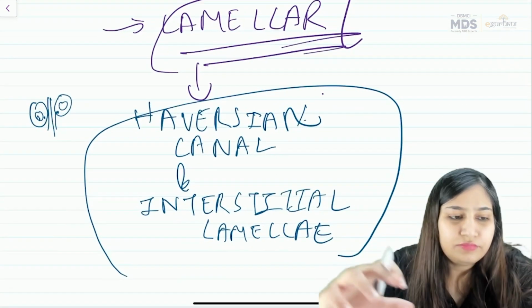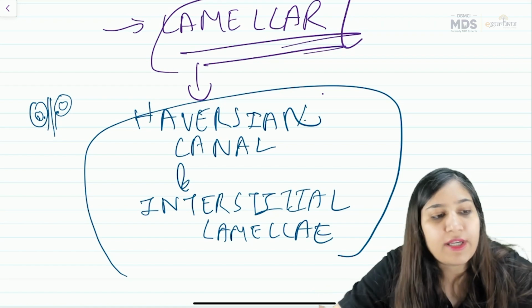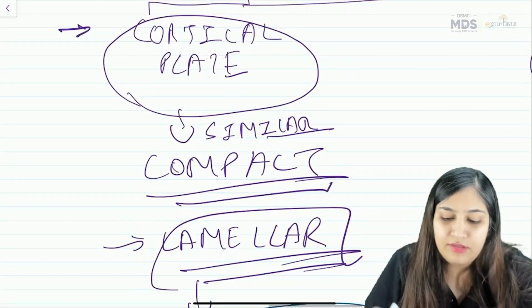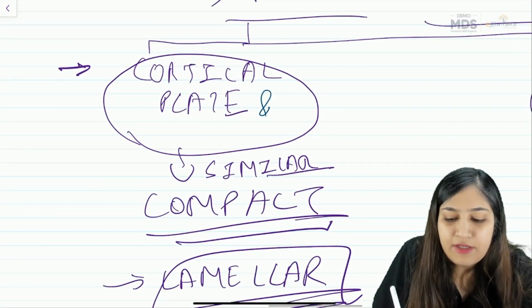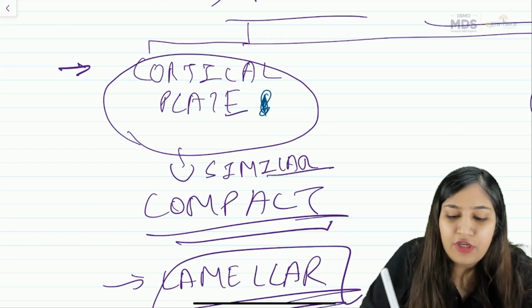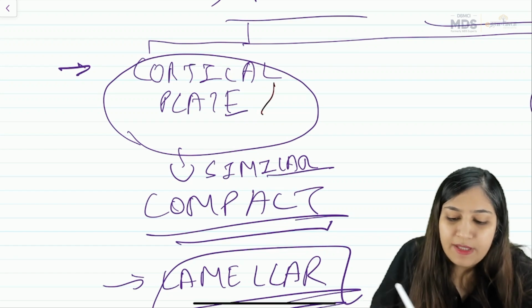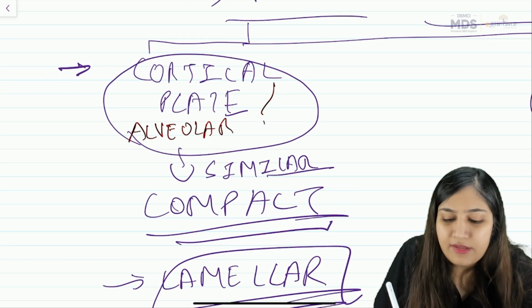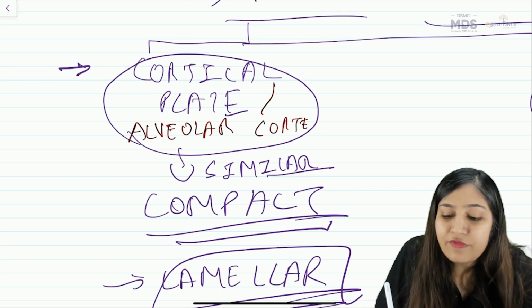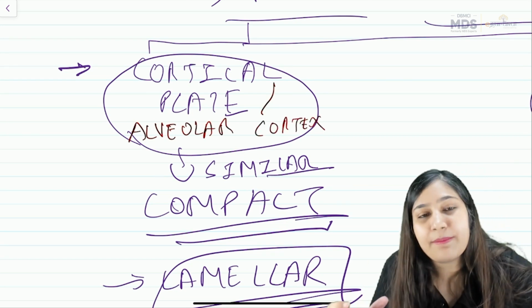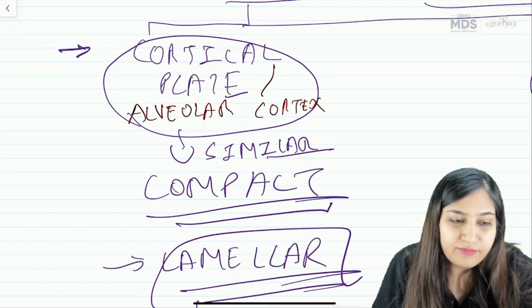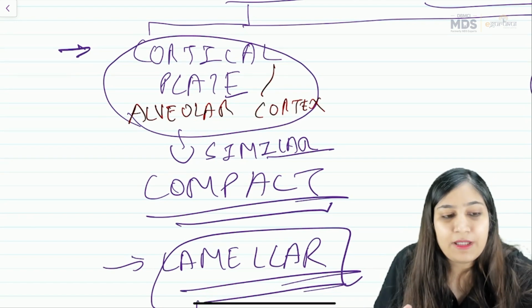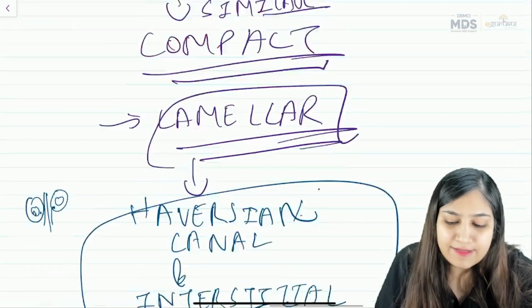Now the thickness of this alveolar cortex. It is also known as cortical plate or alveolar cortex, right? Its thickness is variable. It is thicker in some regions, such as the mandible than that of the maxilla.